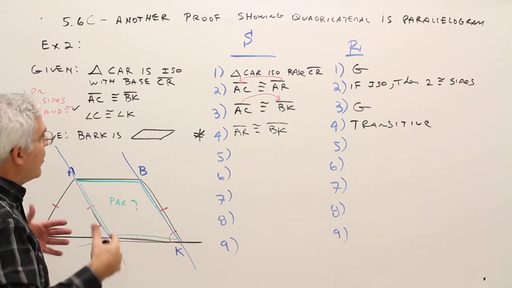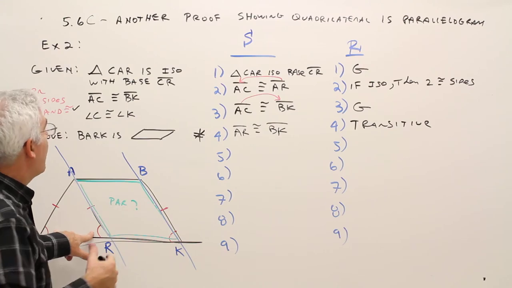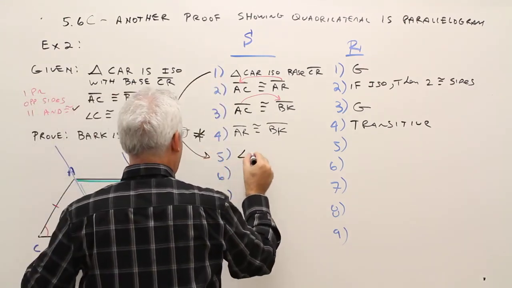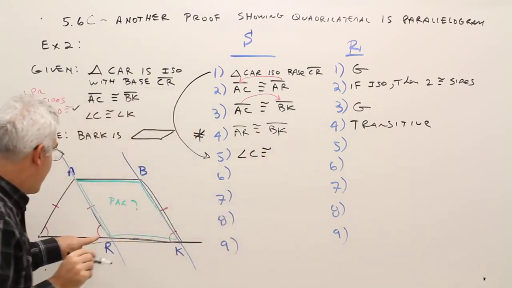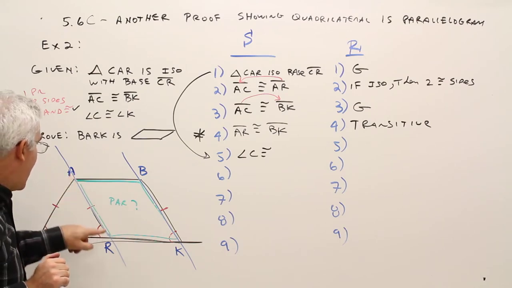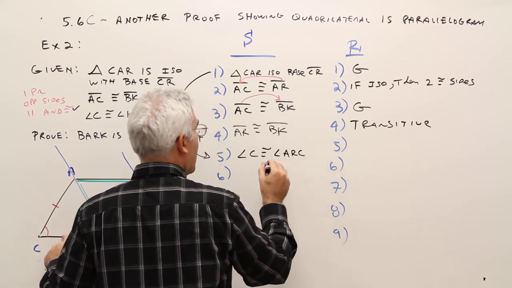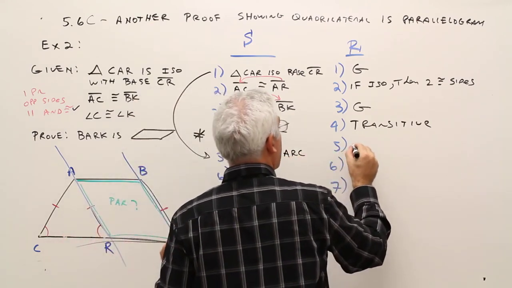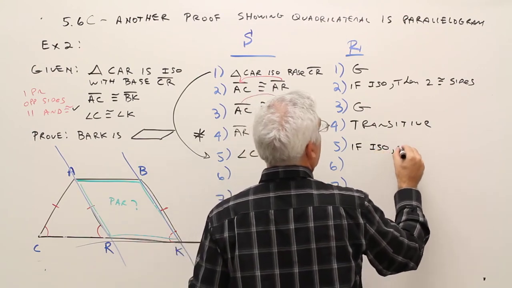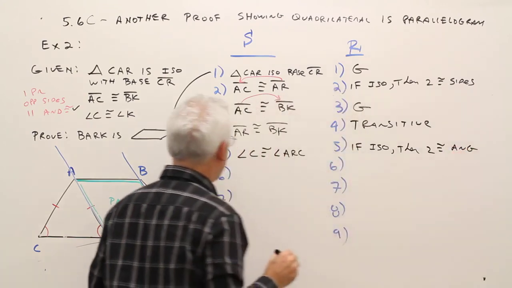So what I'll do is I'll go to the angles. That's going to be my way of doing it. So from this isosceles triangle over here, I can also get angle C to be congruent to, I can't call it R because there's angle confusion, so I've got to go ARC. And that would be if isosceles, then two congruent angles.